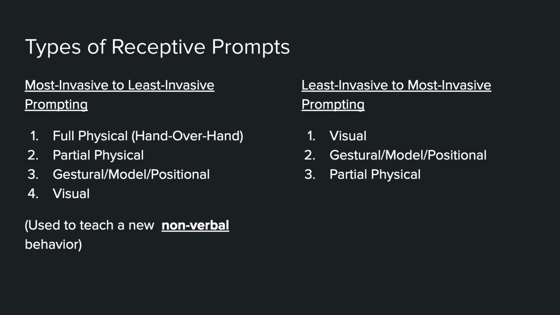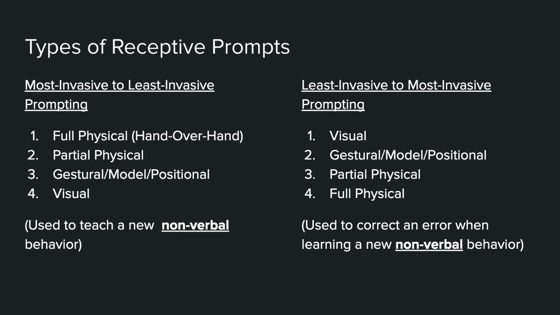And then you go to a partial physical prompt. And then finally, you go to a full physical prompt if necessary. So the difference between most invasive to least invasive is that most invasive is used to teach the nonverbal behavior, and then the least invasive to most invasive is used to correct an error when learning a new nonverbal behavior.